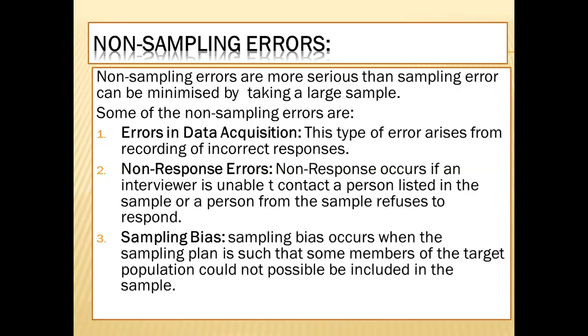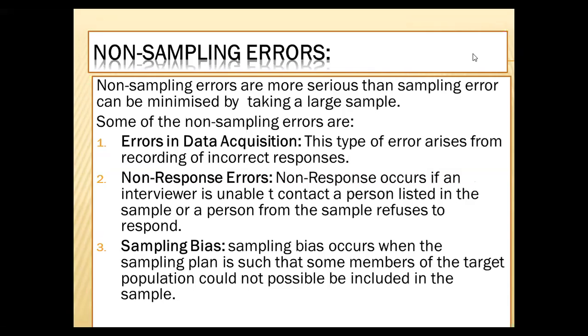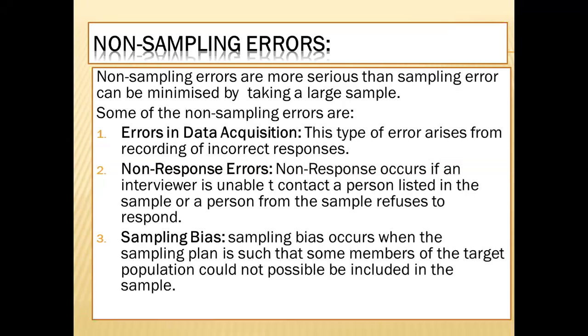Then last, in non-sampling error, sampling bias occurs when the sampling plan is such that some members of the target population could not possibly be included in the sample. Here, according to your sampling, something will be included, but some members of the population will not be included in your sampling.